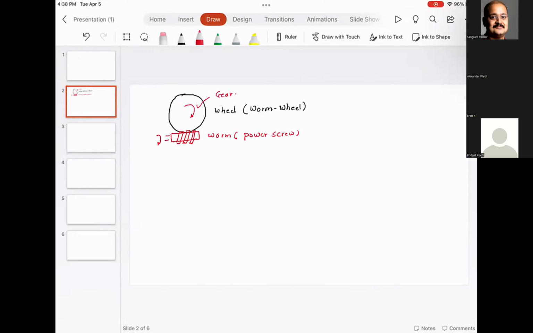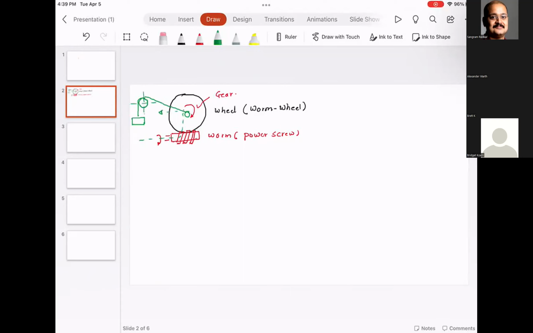But please understand, the advantage of worm and wormwheel is when you rotate the worm, the wheel rotates. But if you rotate the wheel, the worm is not going to rotate, which means the power transmission is only in this direction. You cannot transmit the power from wheel to the worm. That's why a worm wheel mechanism is commonly used in hoisting or lifts or elevators.